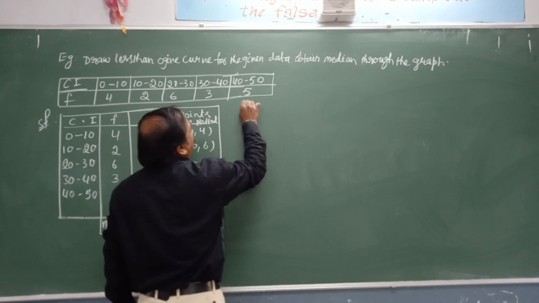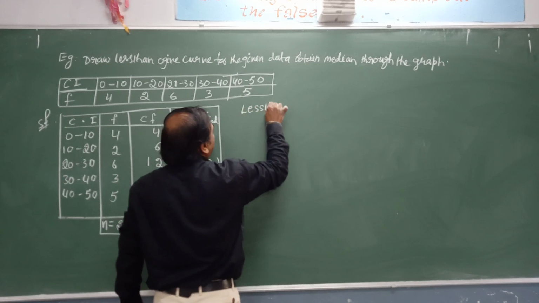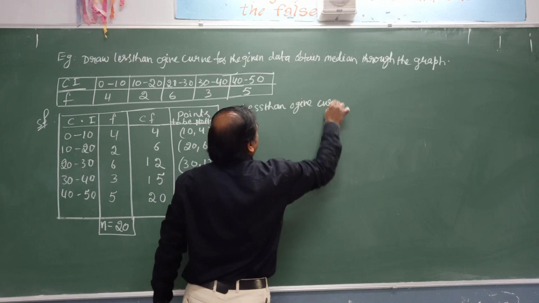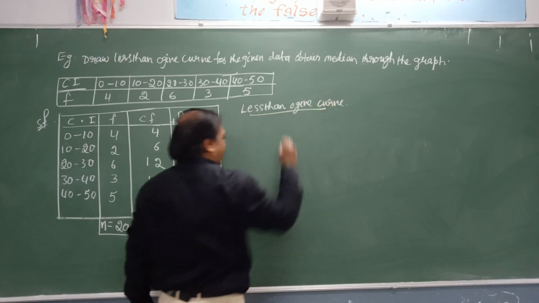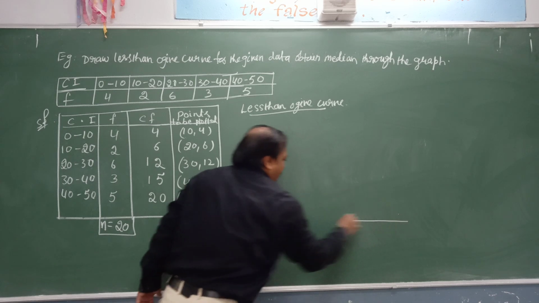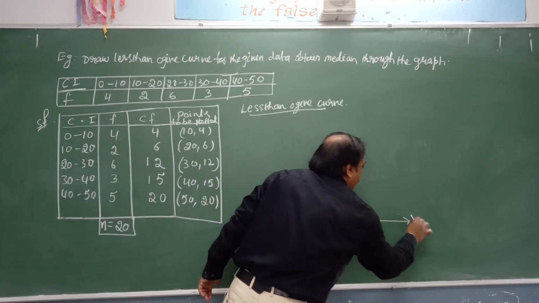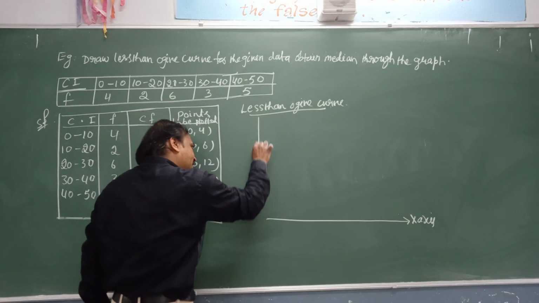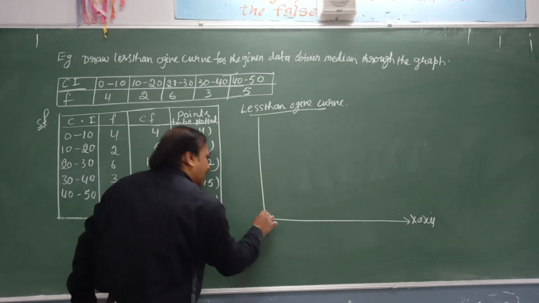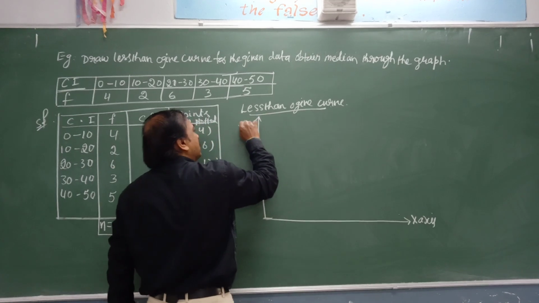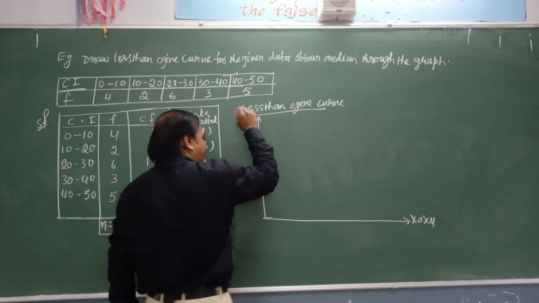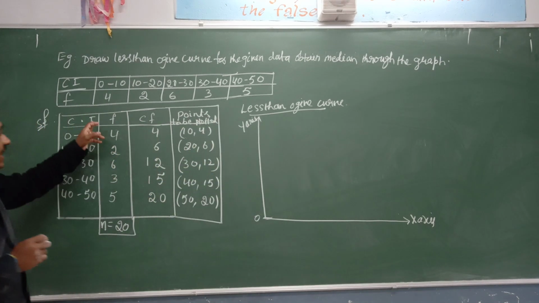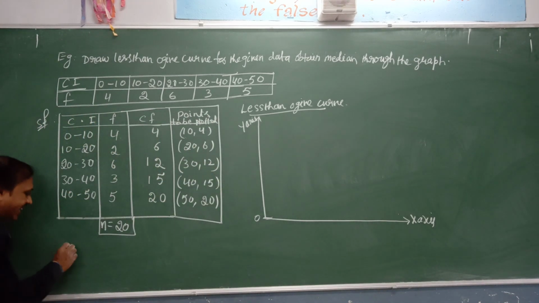This is the less than Ogive curve. So we take the x-axis, and the y-axis is the vertical line and the horizontal line is this one. So this is the y-axis and the origin point 0. Here I said less than Ogive curve means what do we take?